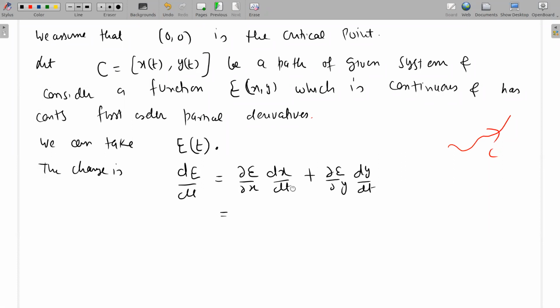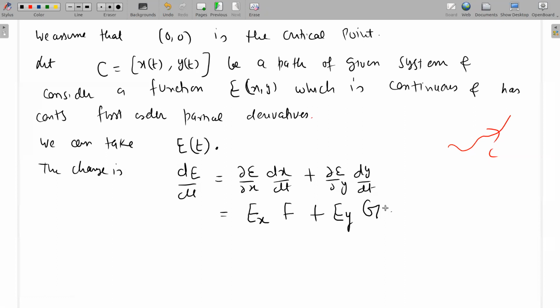अब ये सिस्टम में dx by dt को हमने f लिखा है, so this will be partial derivative with respect to x. This is f, और short में हम लिख सकते हैं to save the time. So this is partial derivative with respect to x, dx by dt is f, and this is partial derivative with respect to y, and this is dy by dt is g.